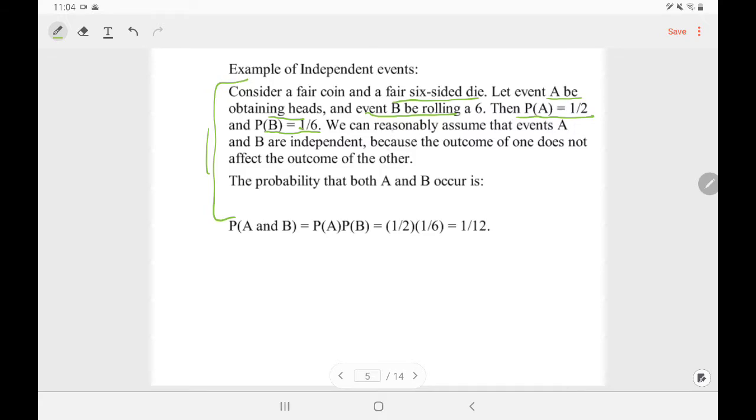We can reasonably assume they're independent because flipping a coin is not going to affect how I roll my dice. One is not going to change the outcome of the other. So if I want to know the probability that I get a heads and roll a 6, I can multiply my probabilities together. 1/2 times 1/6 equals 1/12.